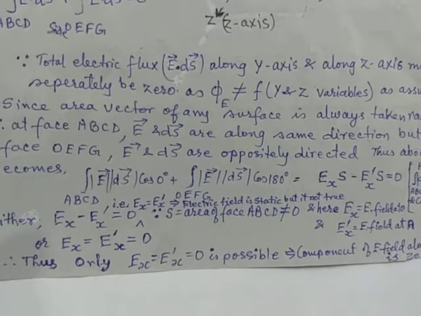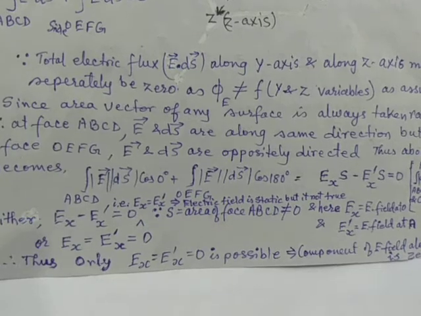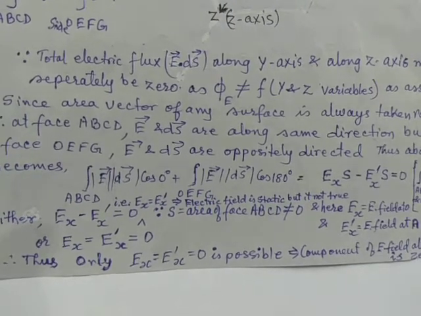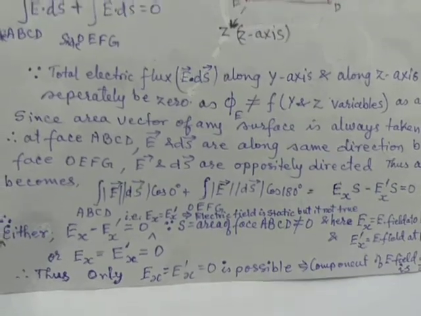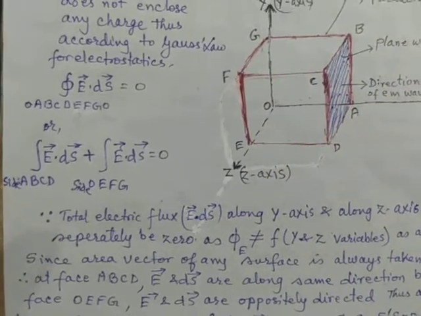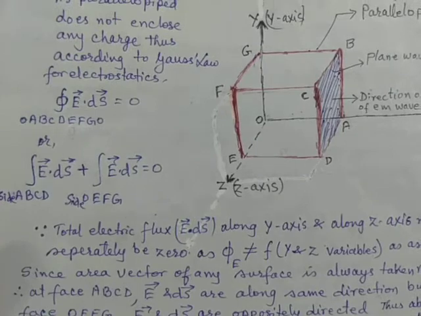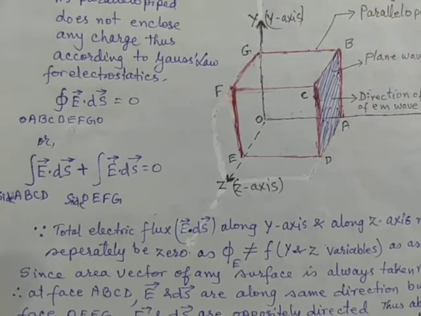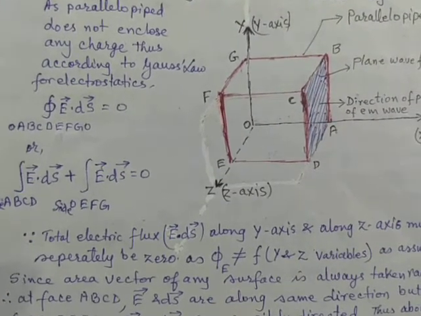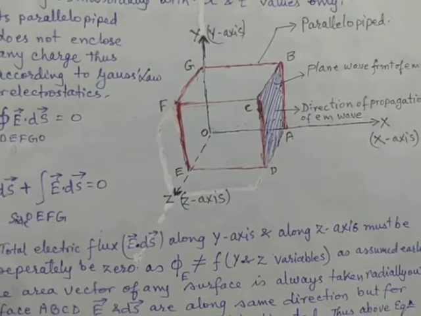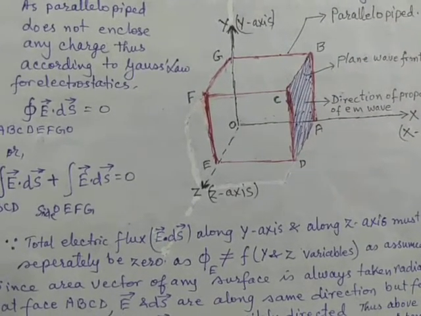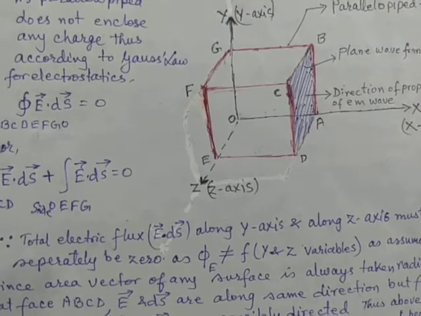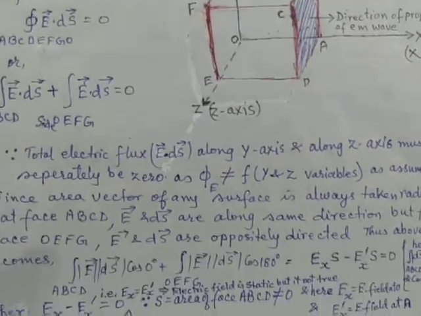Why we are taking here Ex dash into S as negative? Because if you look at the diagram, you see the radially outward direction is along positive x-axis for the face ABCD, but for the face OEFG it is along negative x-axis.